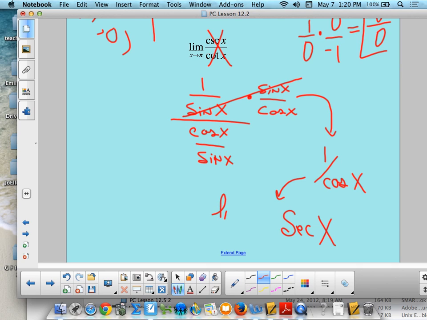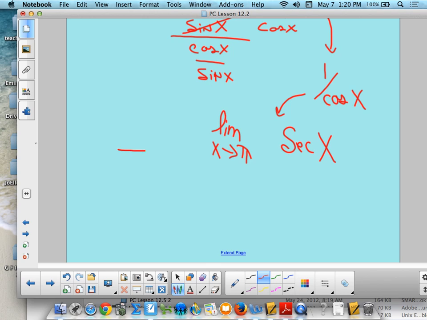Now, here's the question. What's the limit as x approaches what? Pi. That's what the question was, right? Here's pi. Pi's right there. -1, 0, radius 1. What's secant, though?